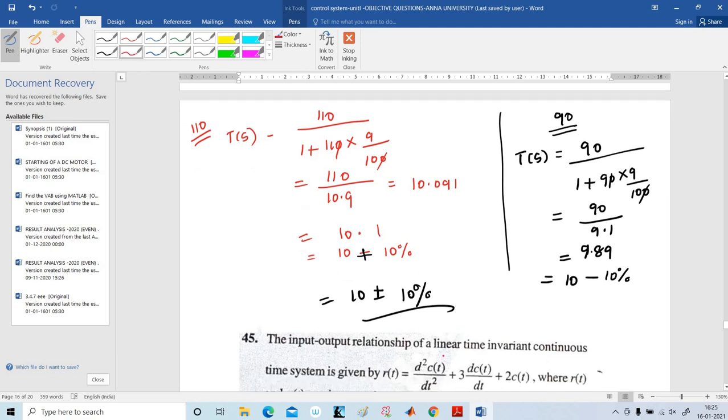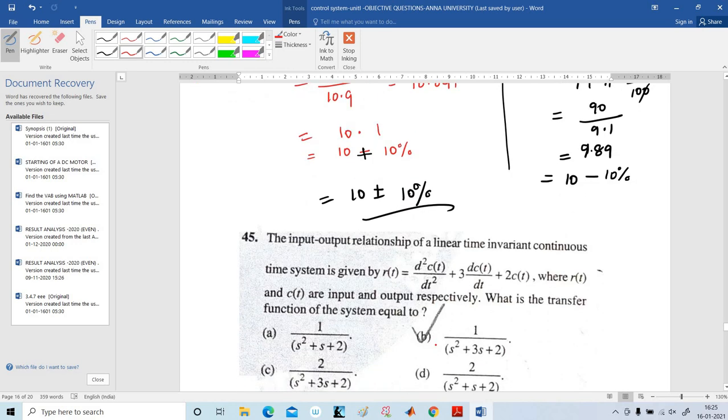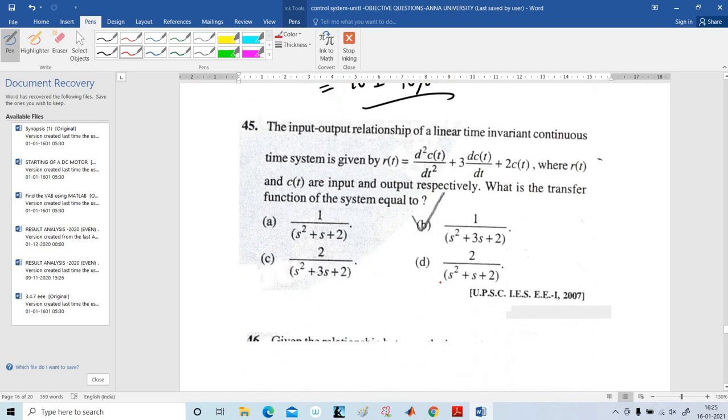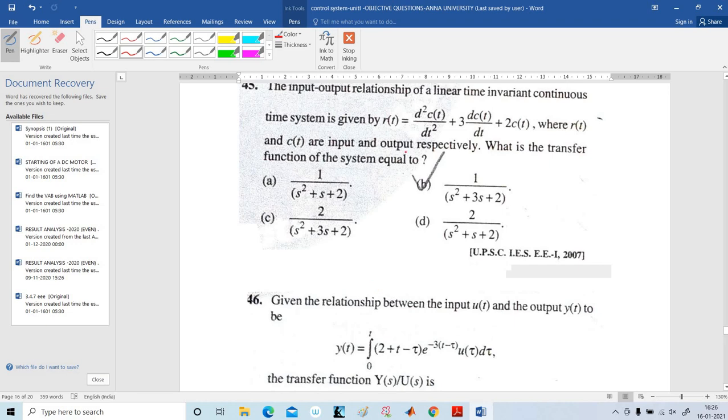Problem: the input-output relationship of the linear time invariant continuous time system is given by r of t equal to d square c of t divided by dt square plus 3 into dc of t divided by dt plus 2c of t. Here you have to apply the Laplace transformation.